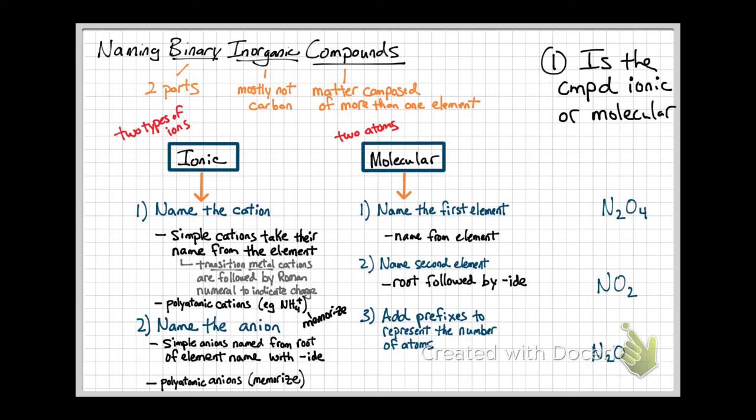Be very careful not to mix up and use prefixes on ionic type compounds. It's a common mistake. The prefixes are ones that you're going to have to memorize a little bit, although you might be familiar with them. We use mono for 1, di for 2 atoms, tri for 3, tetra for 4, penta for 5, hexa for 6, and hepta for 7, and so forth.